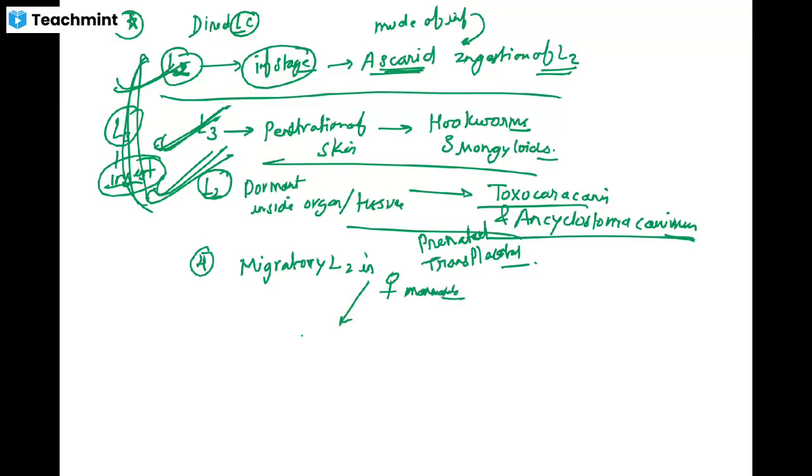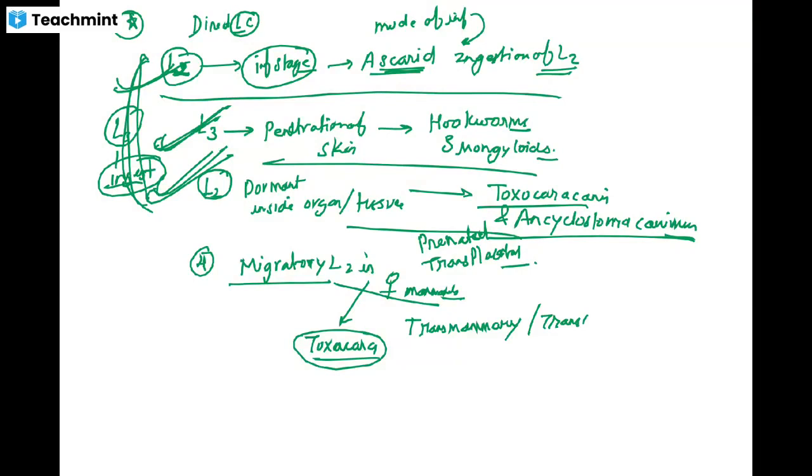So in case of Toxocara, जो इन्फेक्टिव स्टेज है वो माइग्रेटरी L2 इन फीमेल मैमल्स है. तो इसका रूट ऑफ और मोड ऑफ इन्फेक्शन इज बाय ट्रांसमैमरी और ट्रांसकोलोस्ट्रल. ट्रांसमैमरी और ट्रांसकोलोस्ट्रल इन केस ऑफ टॉक्सोकेरा.